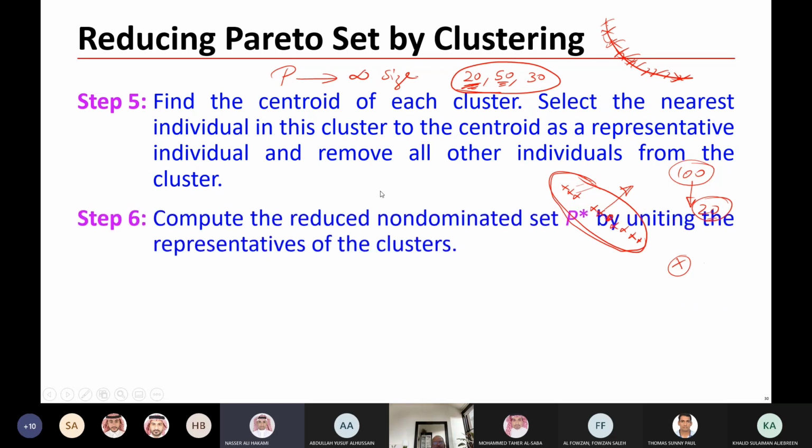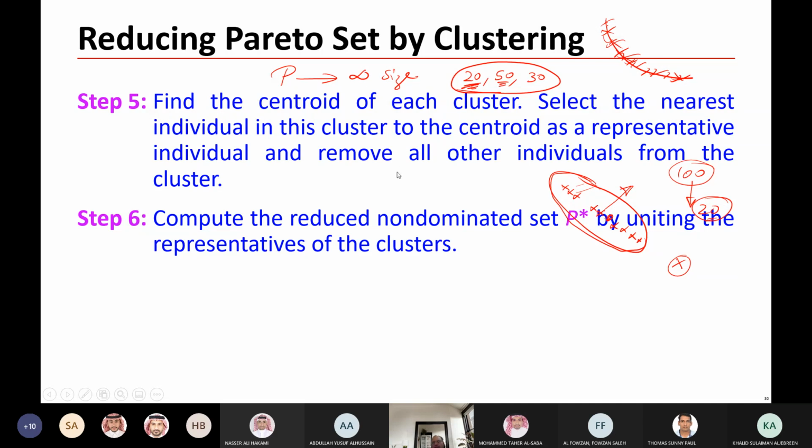So it is based on the problem itself, the distribution of the solutions itself. Yes. Usually, if you have a real valued problem, if the optimized parameters are real, you will end up with a very high number of Pareto front solutions. So you can reduce them.